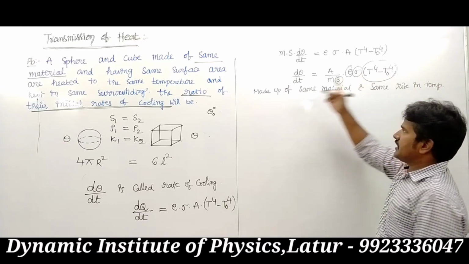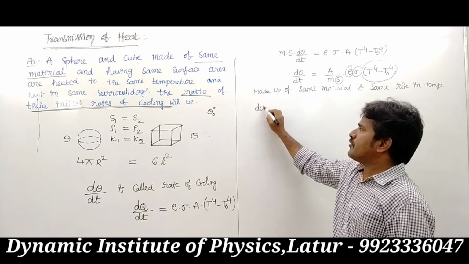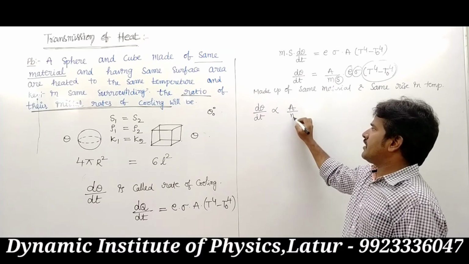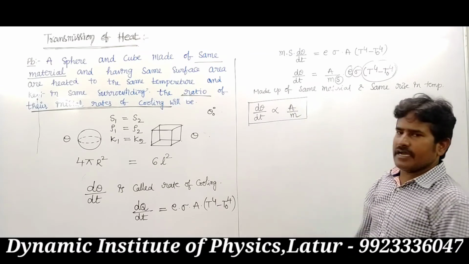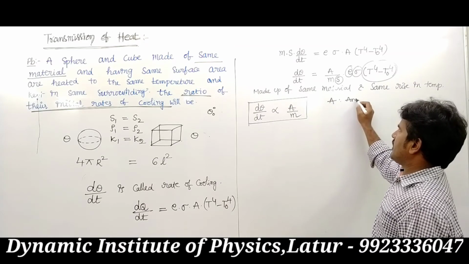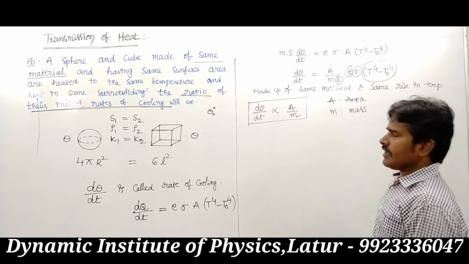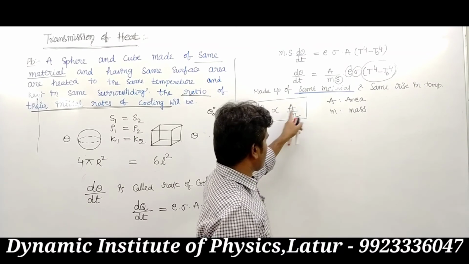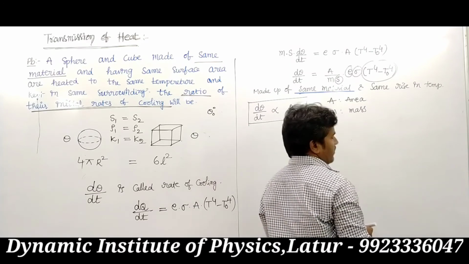So d theta by dt is proportional to A upon m, where A indicates area and m indicates mass.